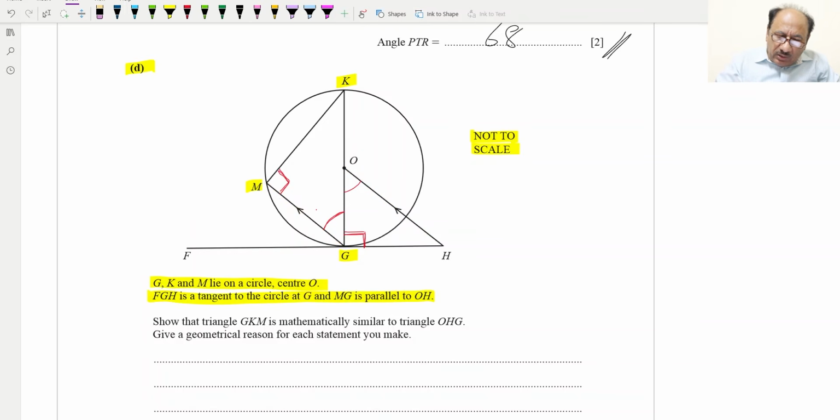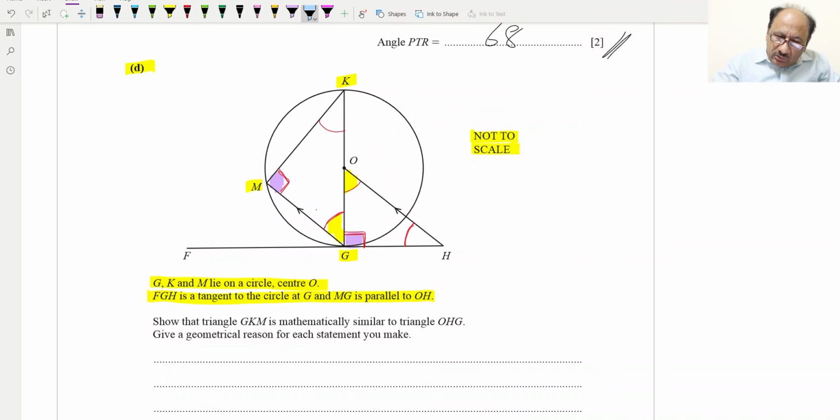If two angles are equal in these two triangles, then the third angle will be equal. Before showing the third angle, I'm just indicating this is 90 degrees and this is 90 degrees, and this angle is equal to this angle which we have shown. Now the third angle we can also show, which is this one. The third angle will also be equal because two angles are equal.